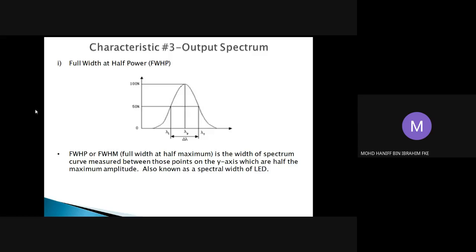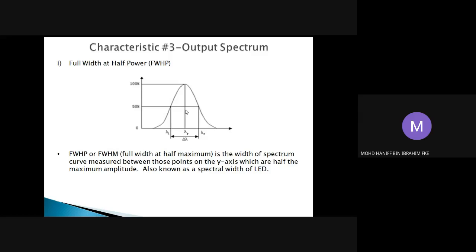So it can be said that full width at half power and spectral width are the same parameter. For the LED, due to the spontaneous emission process, the spectral width of the LED is wide as compared to a laser diode.